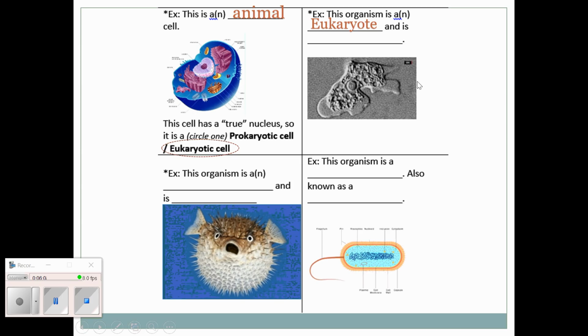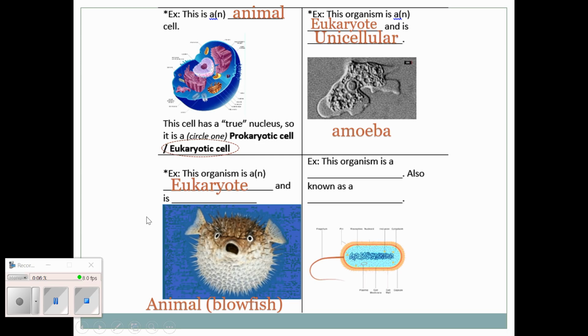This is an organism that is also a eukaryote because I can see the nucleus right here, and it is only made up of one cell, so it is unicellular. The name of this organism is the amoeba. Okay? This organism is a blowfish or an animal.